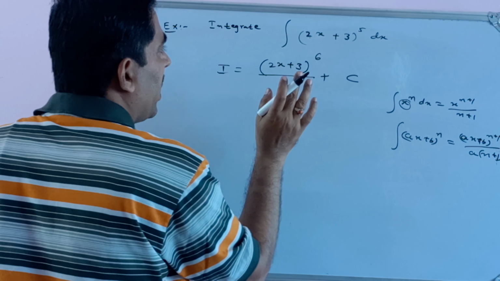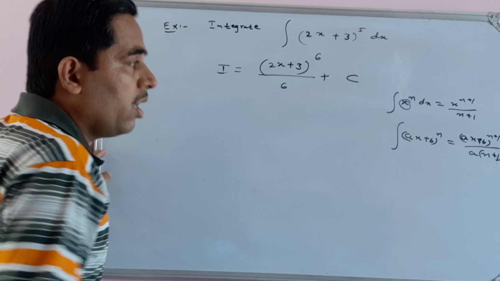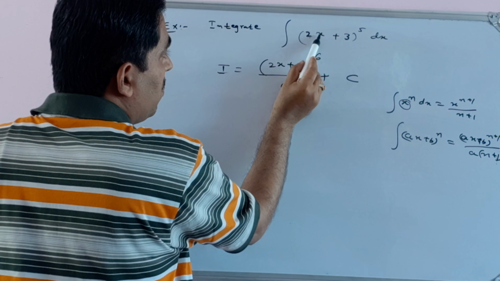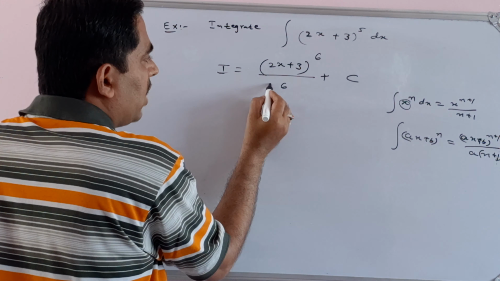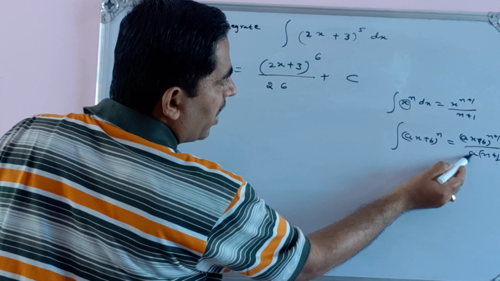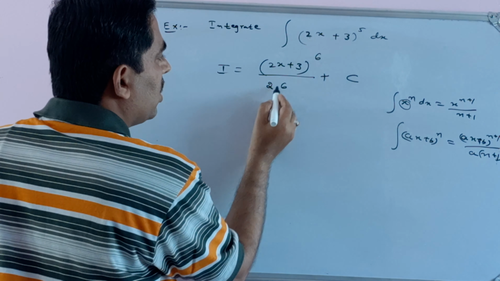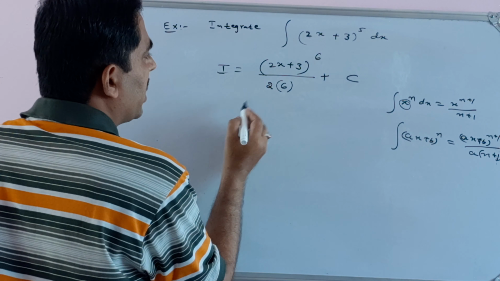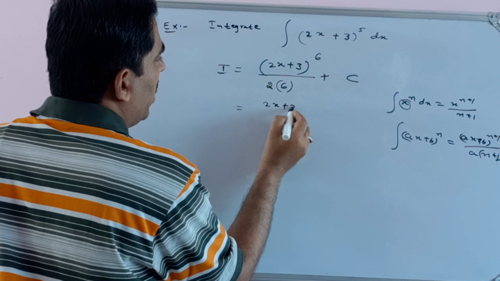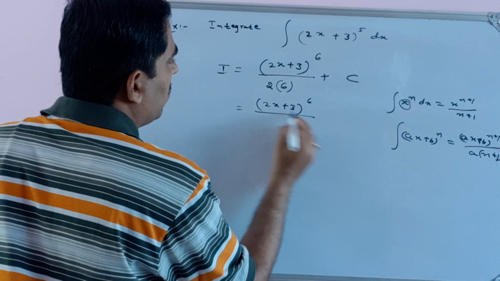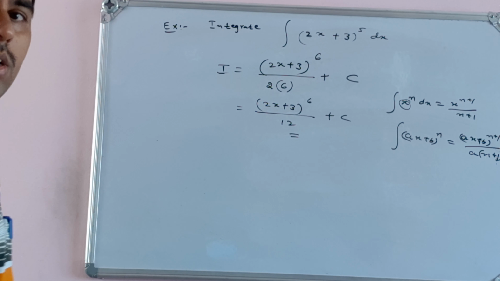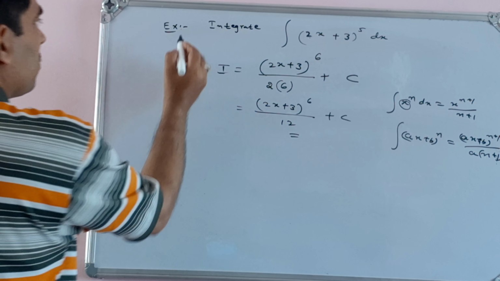If we write only this much, it is wrong, because you haven't written the coefficient of x in the denominator. The coefficient of x is 2, so we have to write it: a into n plus 1, that is 2 into 6, which is 12, plus constant of integration. In this way we can integrate this.